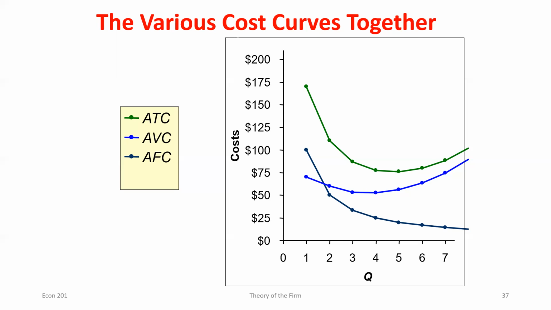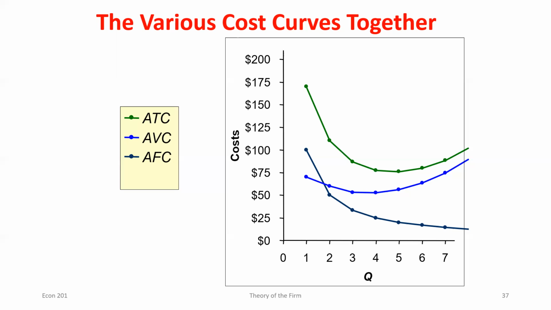Now I can throw in one more cost curve, which is the marginal cost curve. What's going to end up being true, and it's really the same logic, is that my marginal cost curve will intersect my average total cost at the minimum point of my average total cost curve as well.